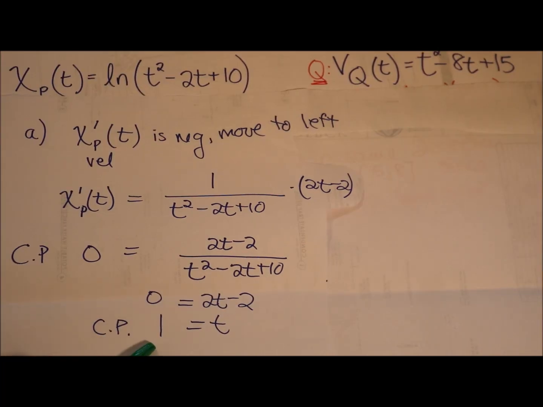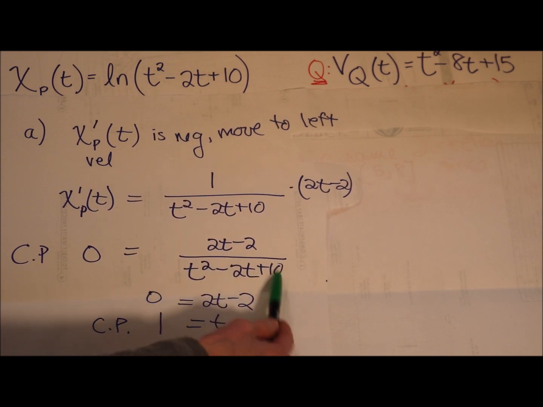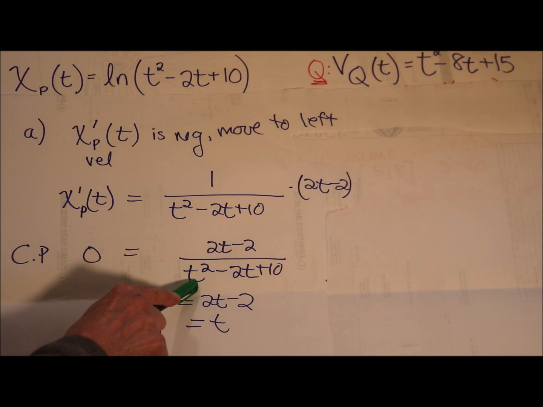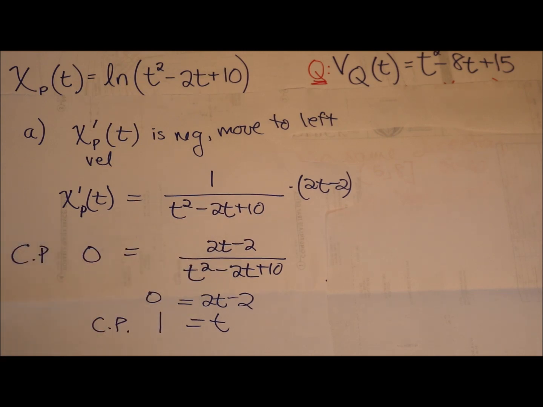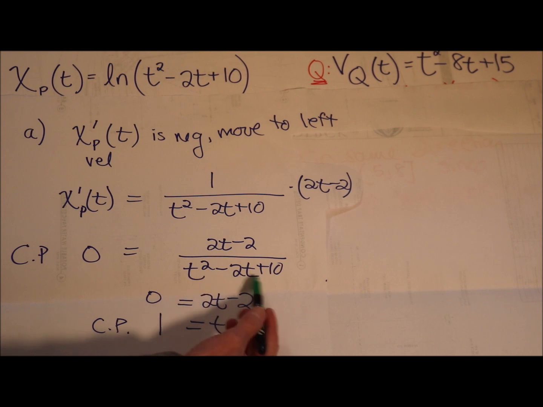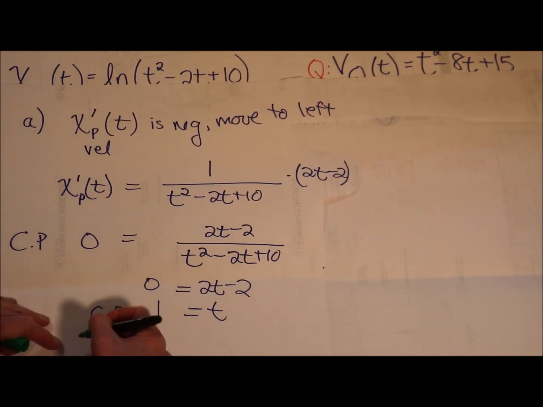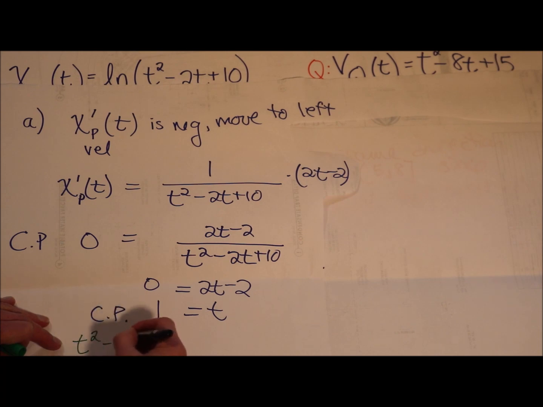Now we should quickly ask, is this the only critical point? Remember, critical points happen when your derivative is equal to 0 or undefined. Since we have a fraction here, we should really look to see if there are any times where the denominator is going to be 0. But I think a quick analysis will tell us that on the interval that we're interested in, from 0 to 8, the denominator will always be positive.